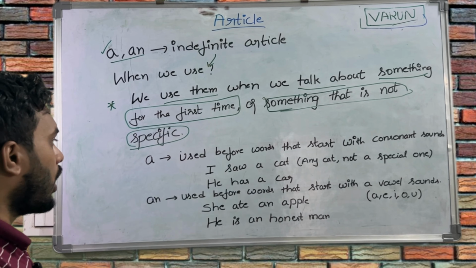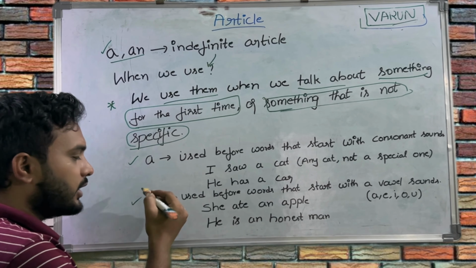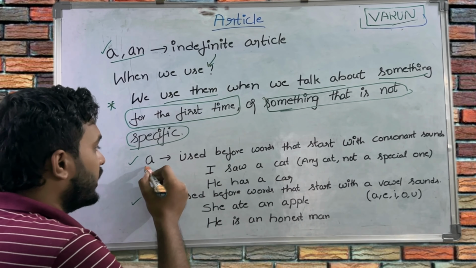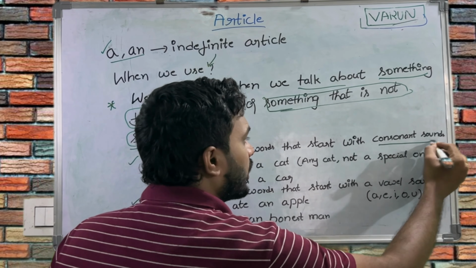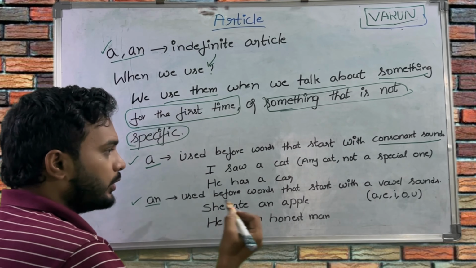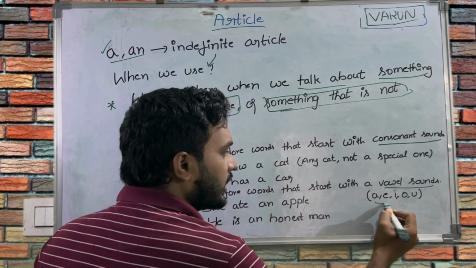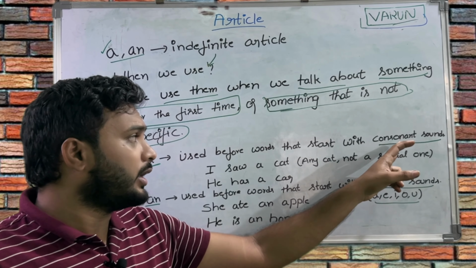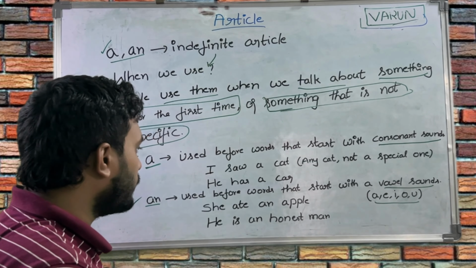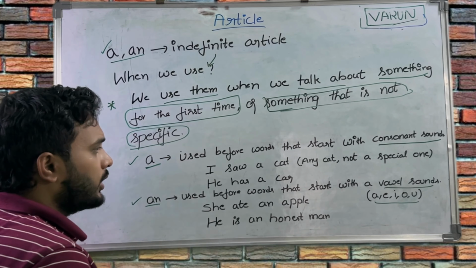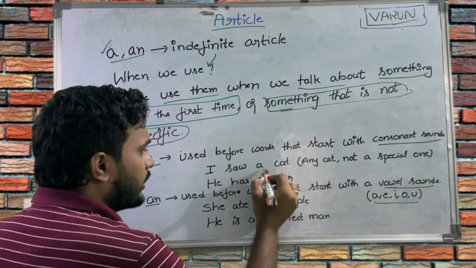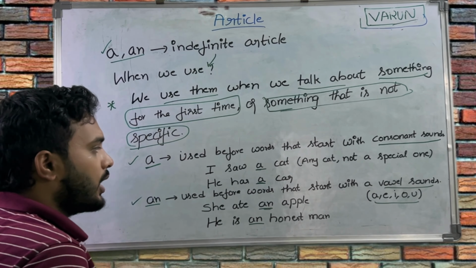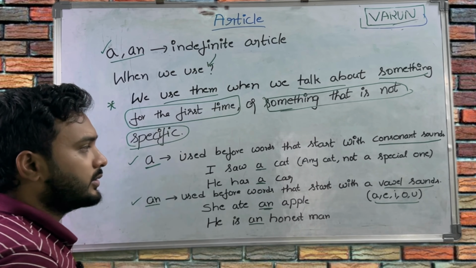Let's see how a and an are used with some examples. I already told you a is used before consonant sounds, and an before vowel sounds. Vowels are a, e, i, o, u, and the remaining letters are consonants. The first example: I saw a cat.